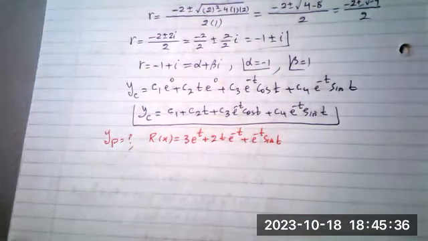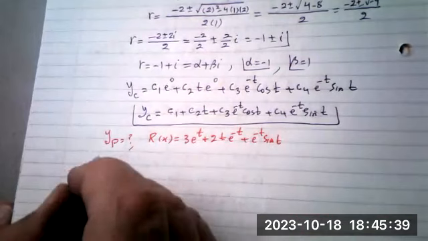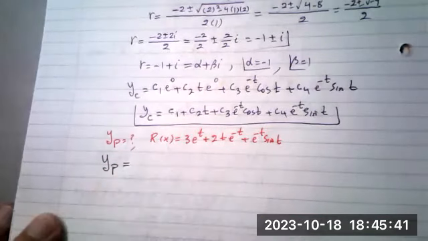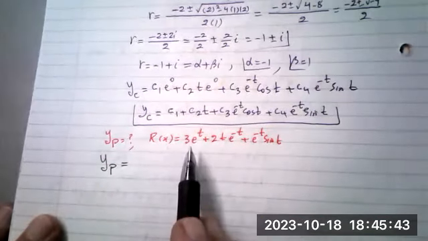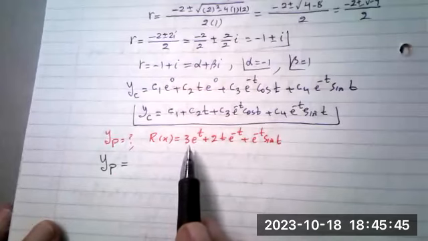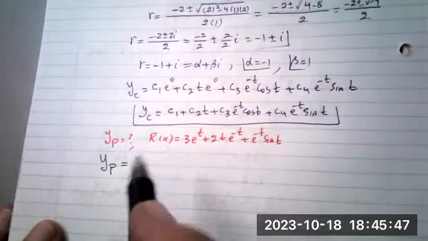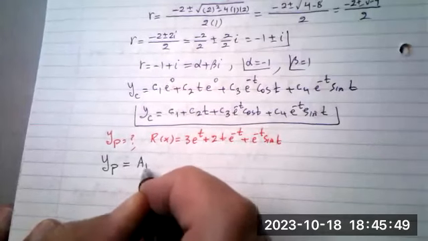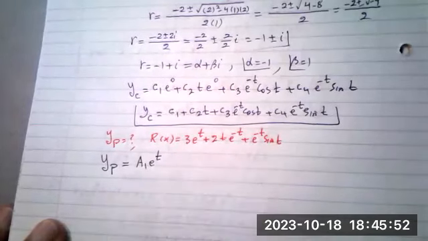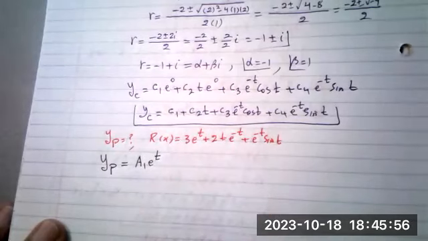So what is going to be yp now? We take care of the first function first, e to the t. The coefficient is a constant, so we're going to get a constant, a1 e to the t. We check for any duplicated terms.